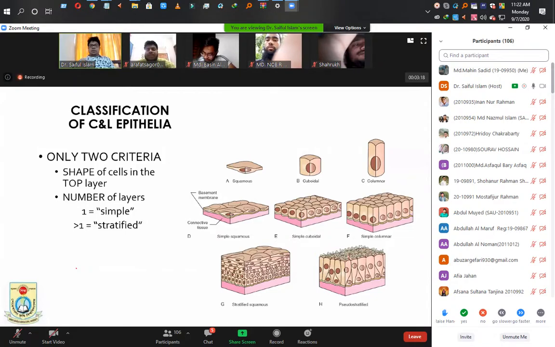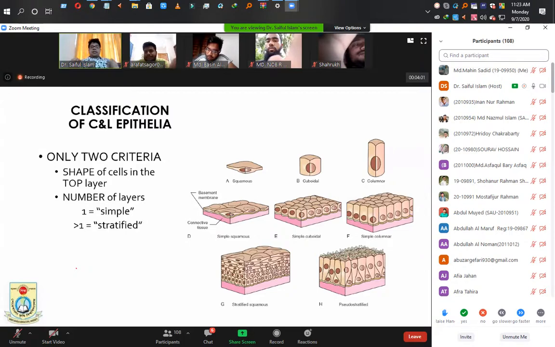I mean the light microscope. And if it is stratified, definitely in my last class someone asked me how to identify stratified squamous under the microscope. Any stratified epithelium contains more than one layer. It might be 4 layers, 5 layers, or 6 layers. But how will we identify what type of stratified it is, squamous, cuboidal, or columnar?